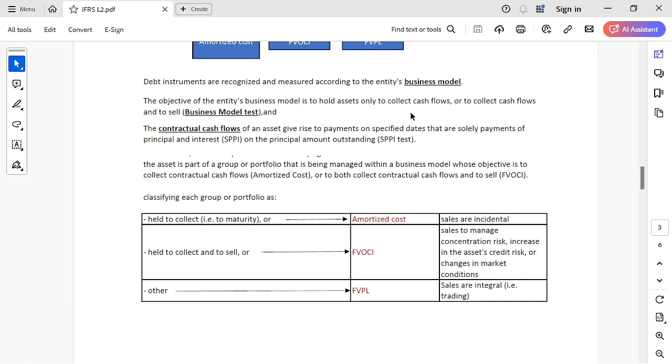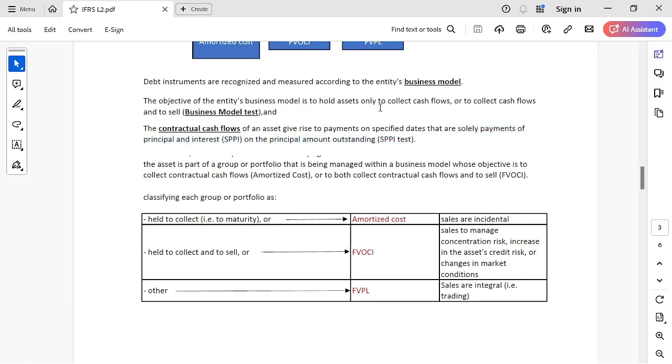That's the first point. The second point is the contractual cash flows. The contractual cash flows give rise to payments on specific dates, as we saw in our example, that are solely payments of principal and interest, SPPI, as we mentioned. So that's the SPPI test.